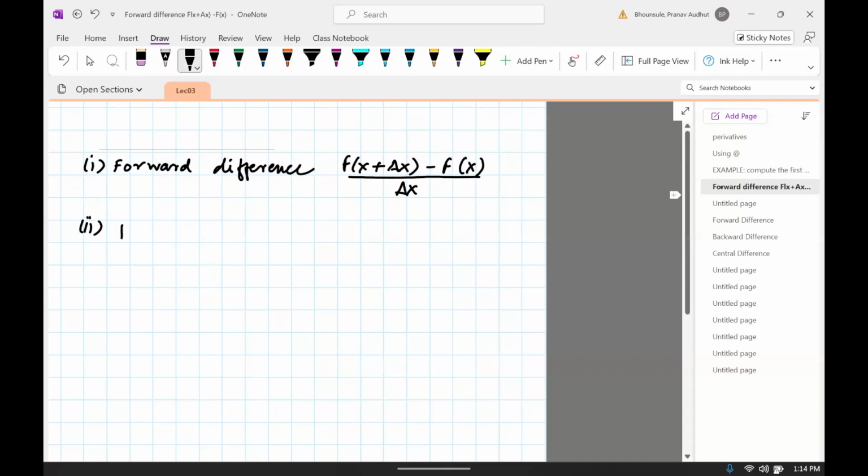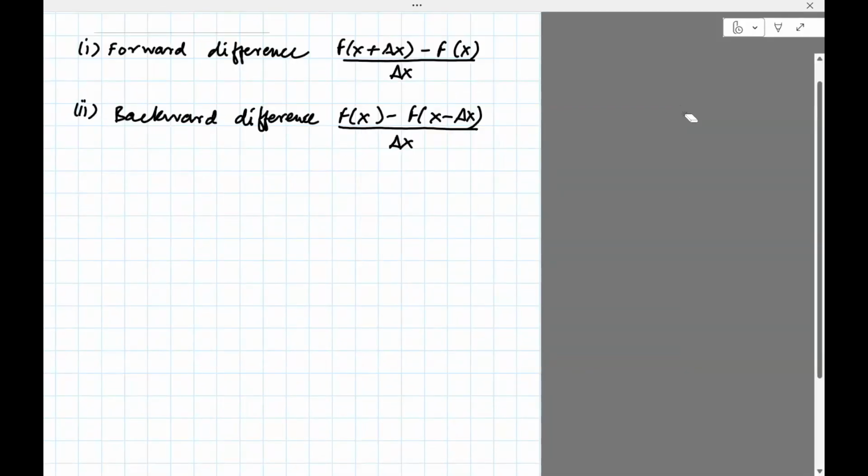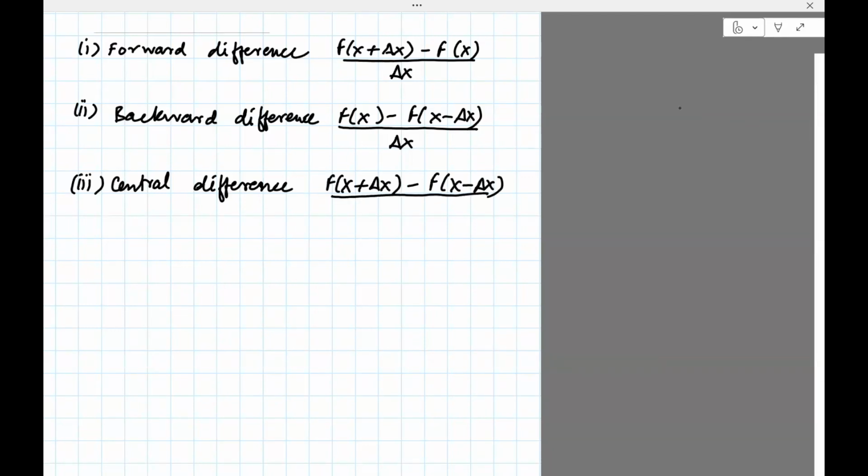So let's do backward first. And then the third one. Okay, so those are the formulas.